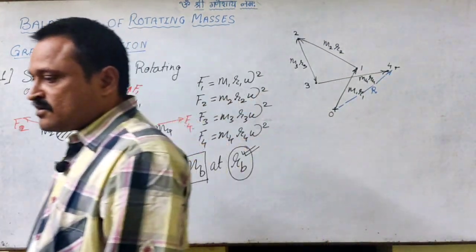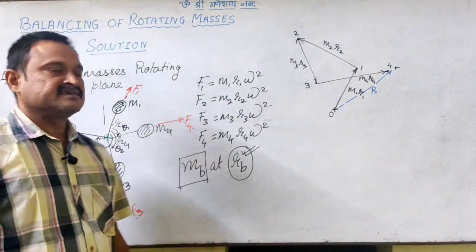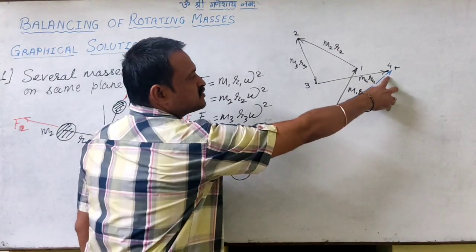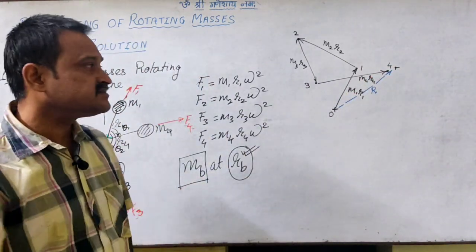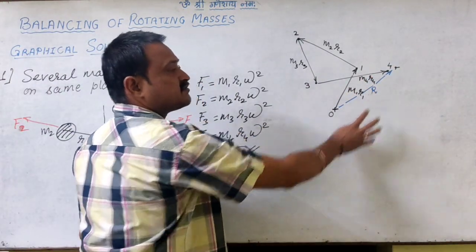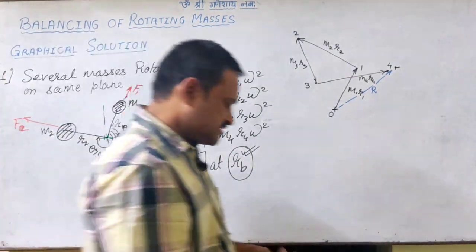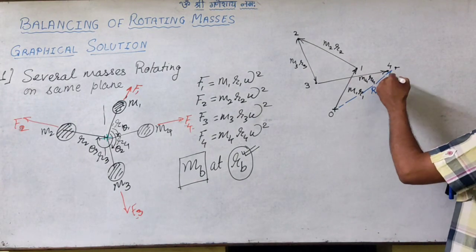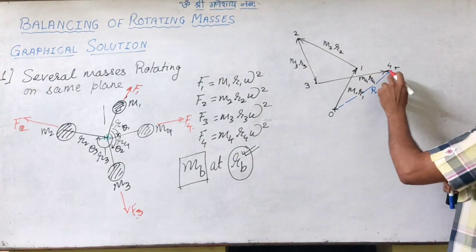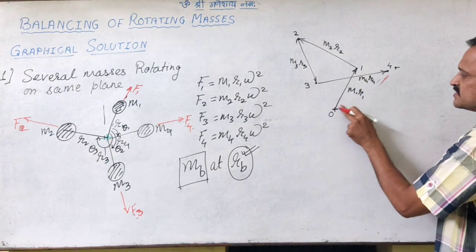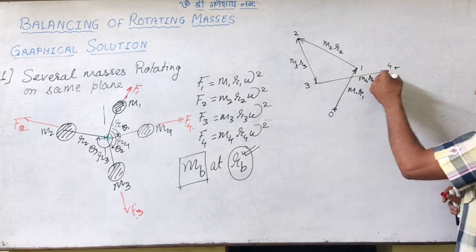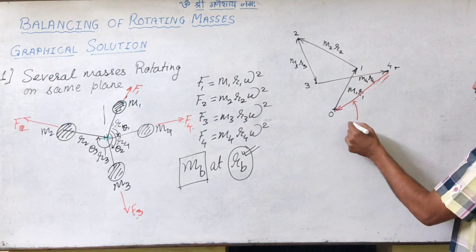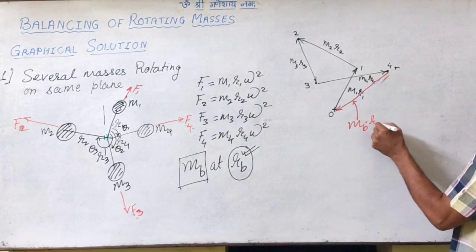Now we are trying to balance here, that means we want a force which will be exactly opposite to this resultant force R. So the balancing force will be exactly opposite to it. When we join this point 4 with the pole, this force will be the MBRB.